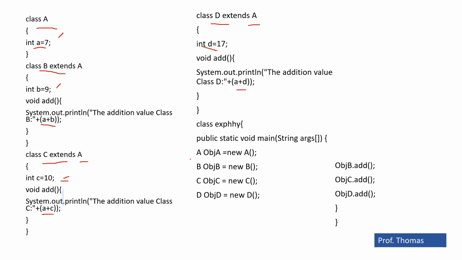So we create an object for A, an object for B, for C, and for D. We already learned how to create objects in the previous video. So we call class B add through its object, class C add through its object, and class D add through its object.